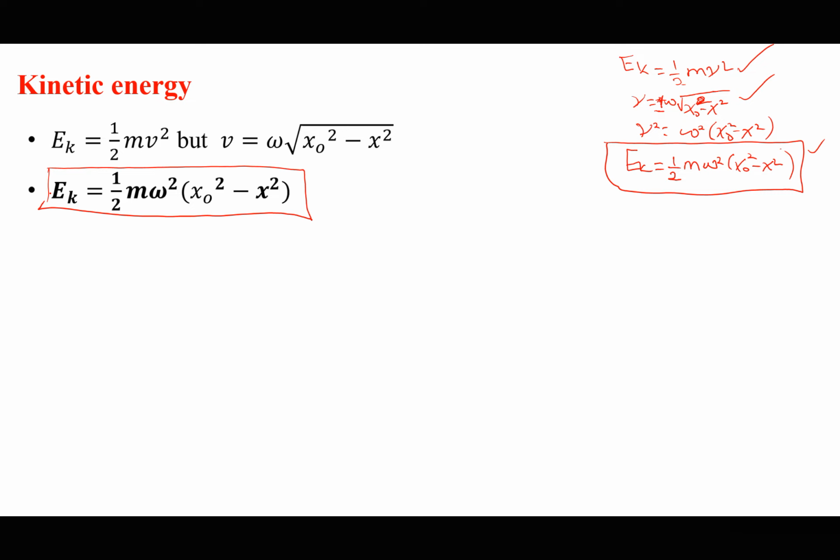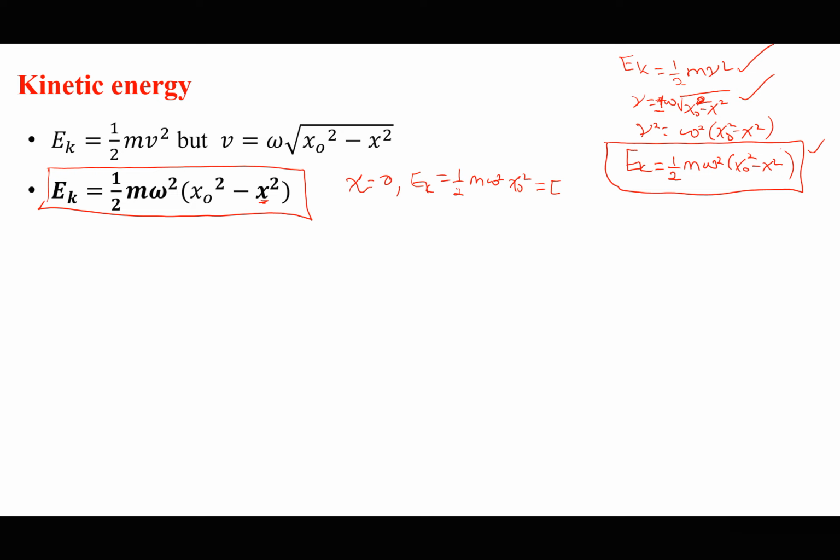So of course, when x equals 0, what is the kinetic energy? When I put 0 here, kinetic energy is going to be a half m omega squared x naught squared, and you see that all of these are constants.